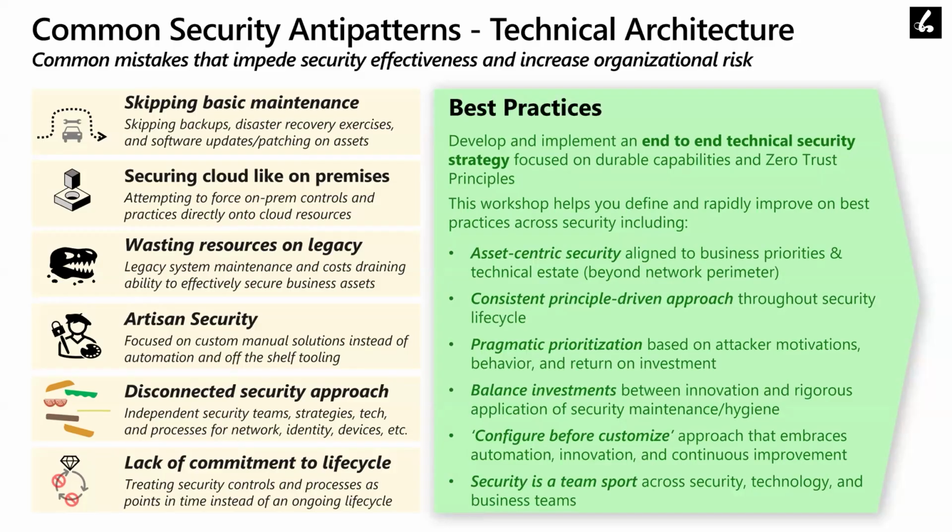Let's say the network team follows a different security approach, and the service desk follows a different security strategy, then there will be disconnection between the teams within the organization, and that may lead to confusion and also to risk, because there can be severe security gaps. So that's the reason we need to avoid a disconnected security approach. That's one of the anti-patterns.